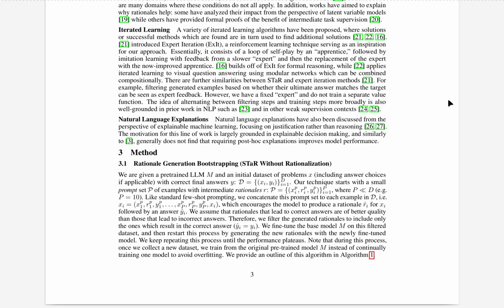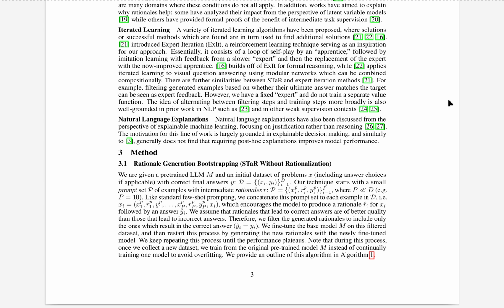We assume that rationales that lead to correct answers are of better quality than those that lead to incorrect answers. Therefore, we filter the generated rationales to include only the ones which result in the correct answer.